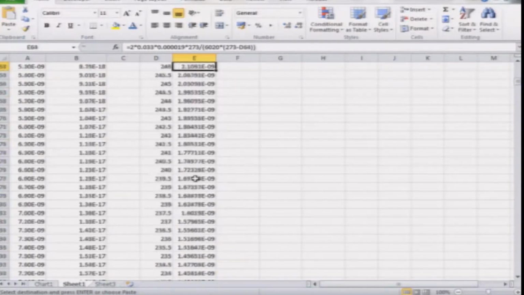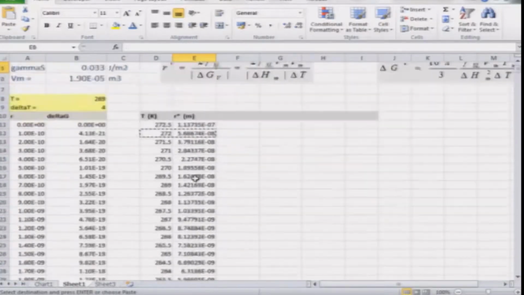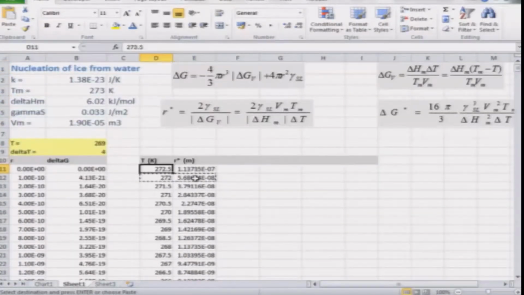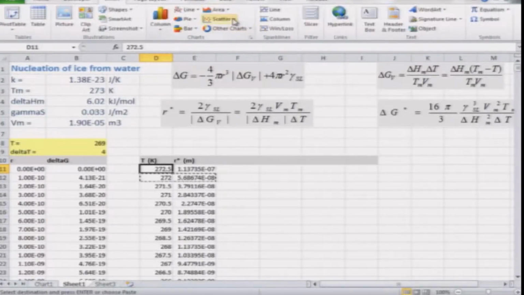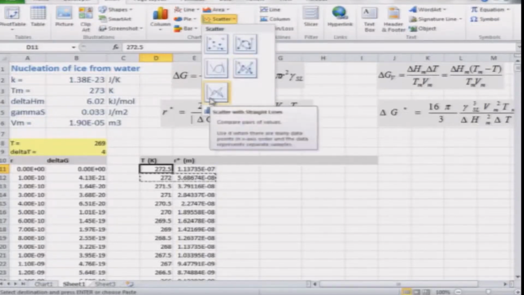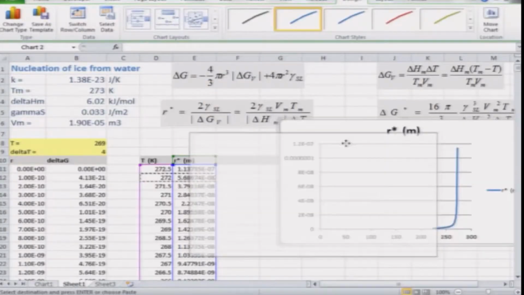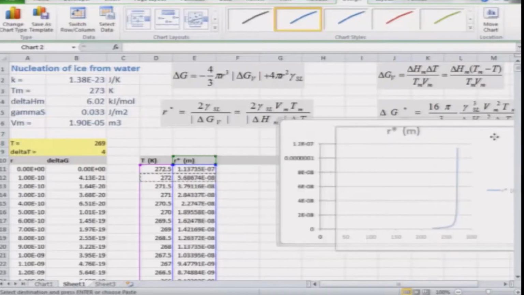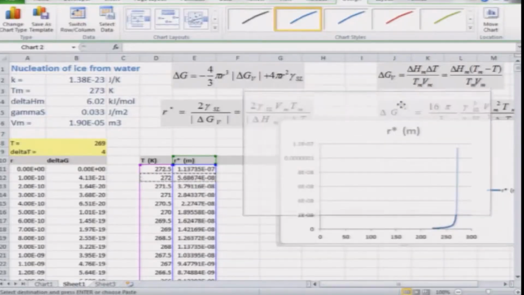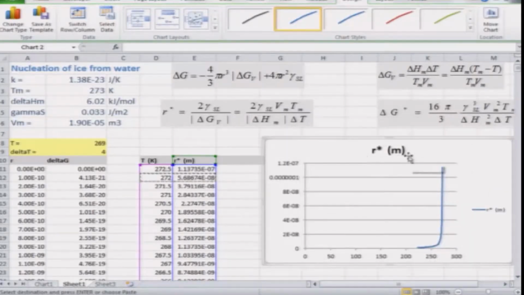So, let us just graphically look at this data, that would be more instructive. I bring the cursor to the leftmost point here and go to insert, scatter plot and draw a line graph. And this is the kind of variation you get. Now I can change this axis a little bit.